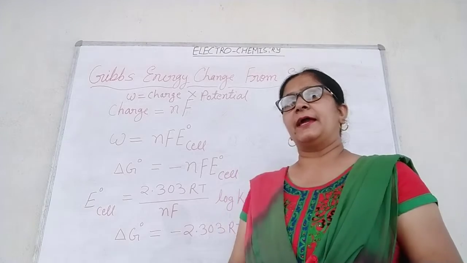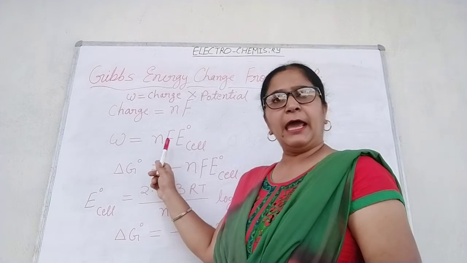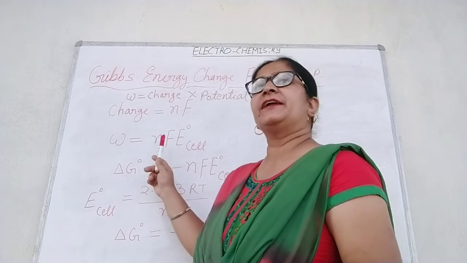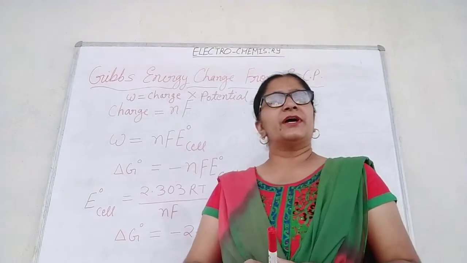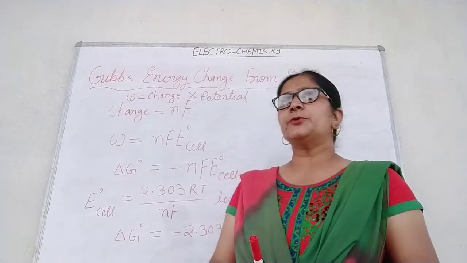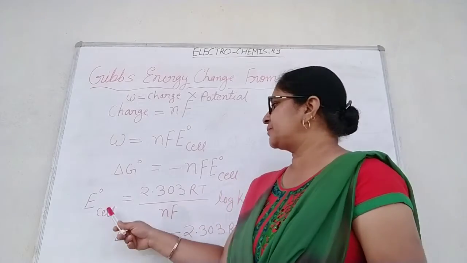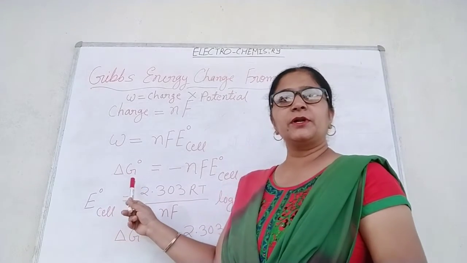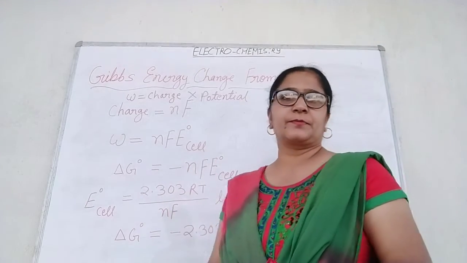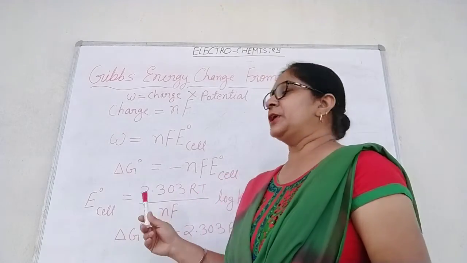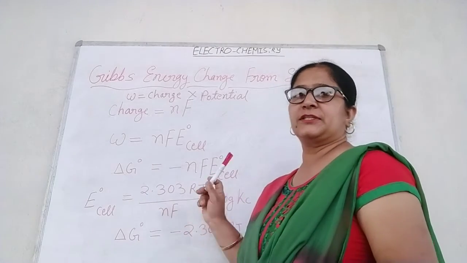So, we can write that work is equal to nF, and instead of potential, we can take standard cell potential. Now, this work done by the cell is equal to decrease in Gibbs energy. So, we can write here standard Gibbs free energy will be equal to negative nF E naught cell. So, this is the relation between Gibbs free energy change and the standard cell potential.